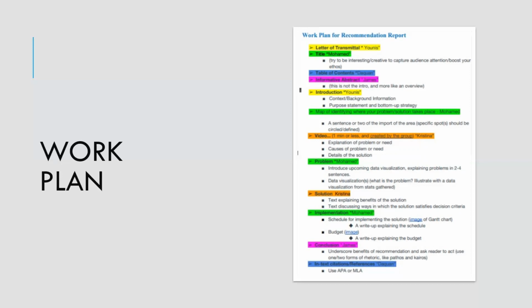It's from a different semester, so the outline itself is going to be different, but I wanted to share this example so you can see how, for each part of it, the team members put somebody's name next to it. They also color coded, which is above and beyond. You don't have to do that. They did that for themselves, I guess, but I can see very clearly that they've allocated different parts of the report to be done by different people.